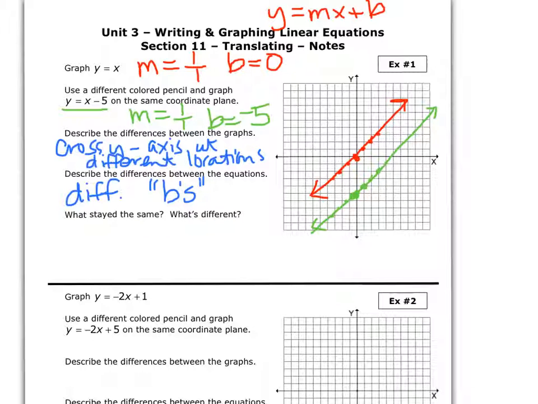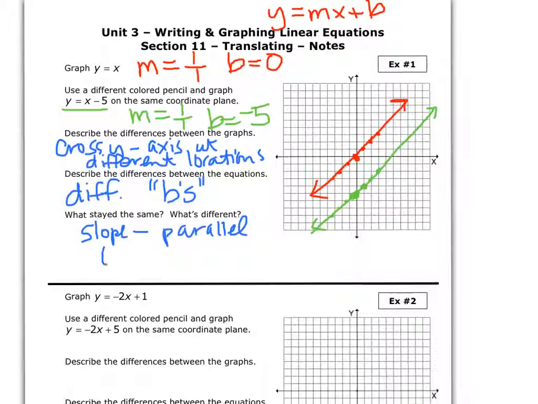So what about them stayed the same? Well, hopefully you're looking at that saying, these two lines are parallel. And remember, the reason they're parallel, let's look at their slopes. If they have the same slope, they are parallel. So what stayed the same? Slope. And I'm going to put an arrow here, parallel. Okay. And then we already addressed what's different.